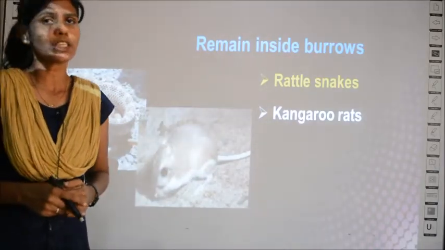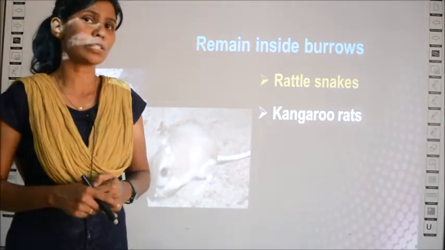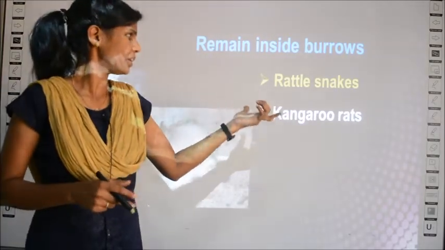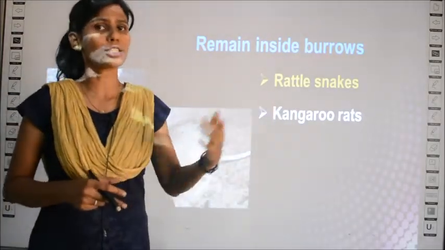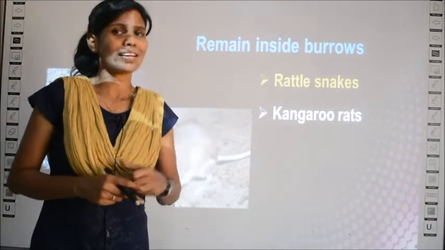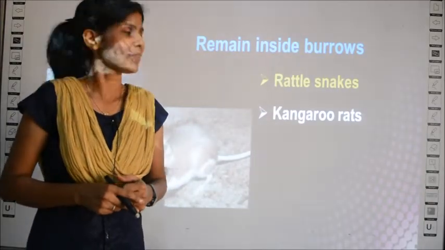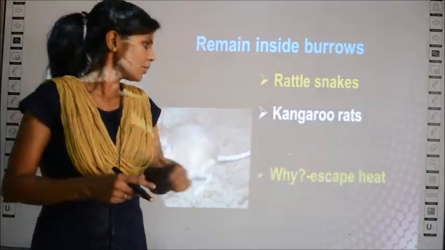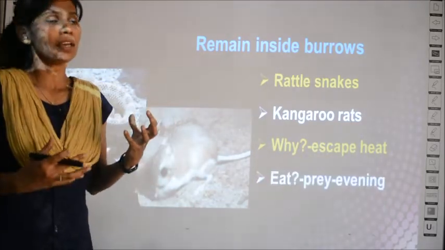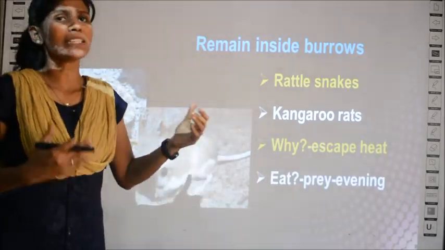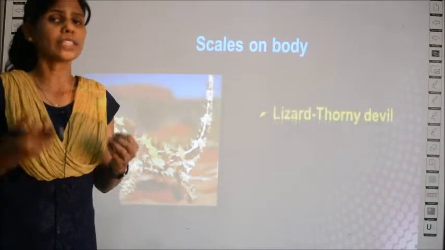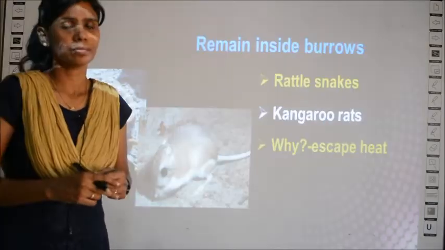You are expected to memorize the examples. These may be new terms, kangaroo rats, all rats, but the variety of the rat also you have to memorize from the exam point of view. As I told you, rattlesnakes and kangaroo rats make burrows and remain inside.